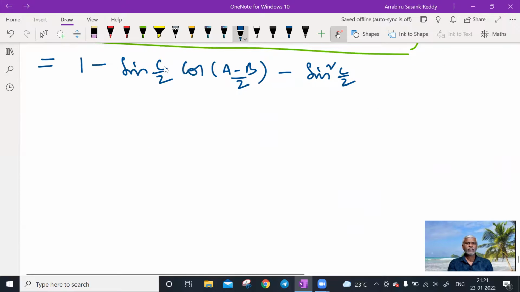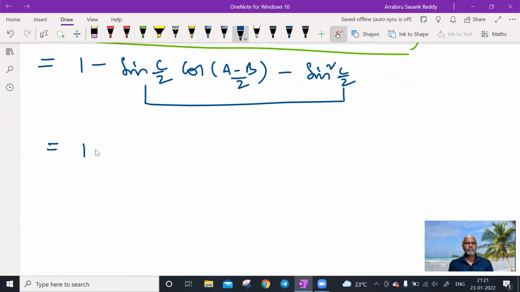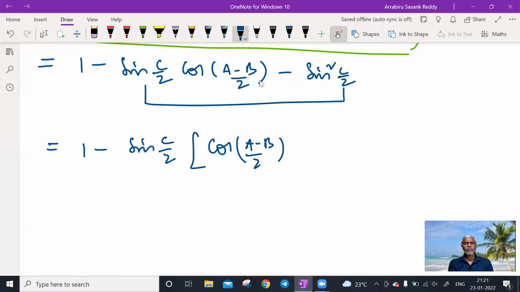Now let us take sin (C by 2) common, minus sin (C by 2) taking common, cos (A minus B) by 2 will remain, minus into minus plus, and sin (C by 2) will remain in the second term.